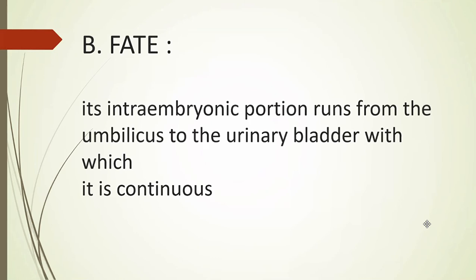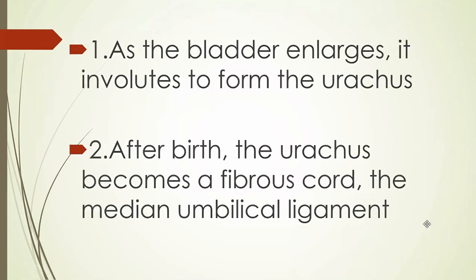So here it says it runs into the umbilicus to the urinary bladder, and after birth, in the adult, it becomes the median umbilical ligament. That's what you will see in your cadaver.